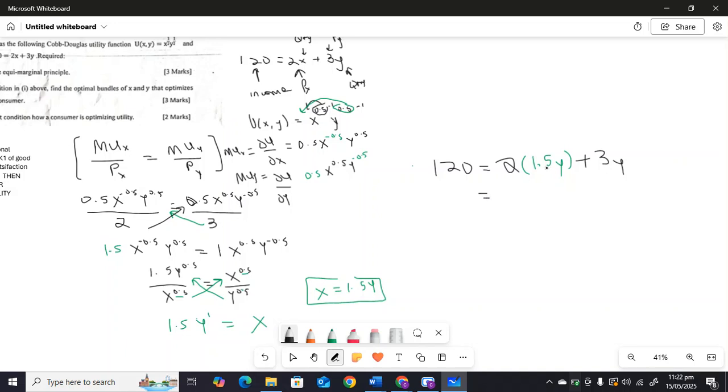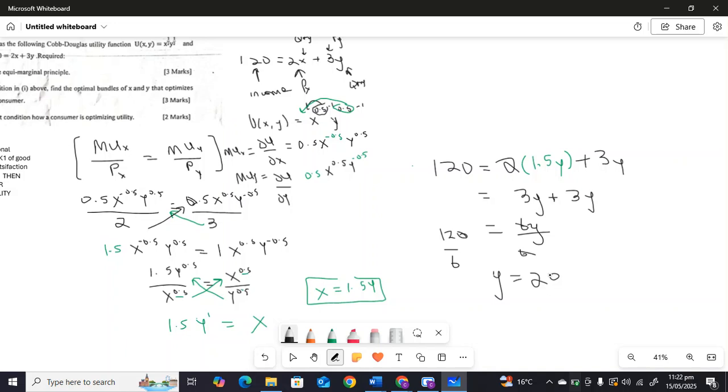So 2 times 1.5y, that is 3y, plus 3y. 3y plus 3y, that is 6y. 120. So we have to get our value for y, divide both sides by 6. 120 divided by 6, that is 20.